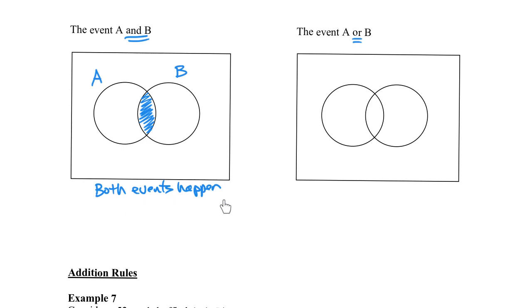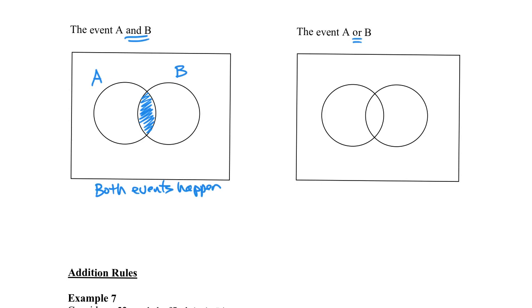Both events happen. When we talk about A or B, well, in math, we always use the inclusive or. Inclusive or means A or B or both. In English, we almost always use the exclusive or, like you are a freshman or a sophomore, right? But when we say that, we don't mean you're a freshman or a sophomore or both. We mean exclusive or.